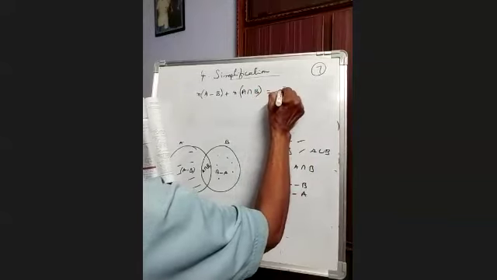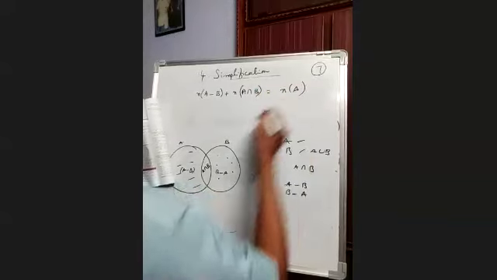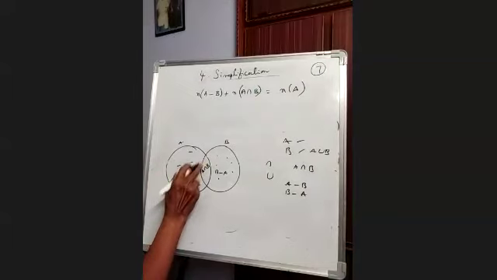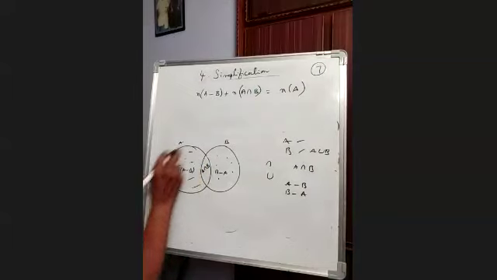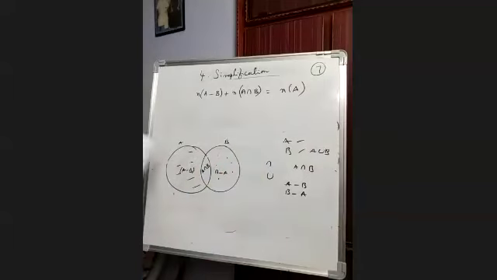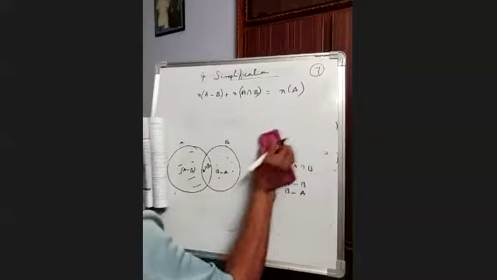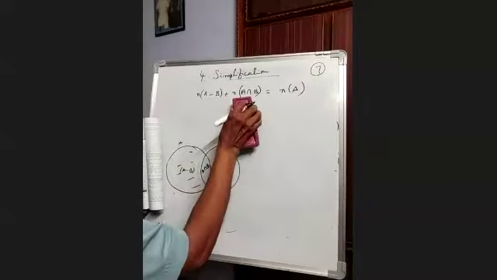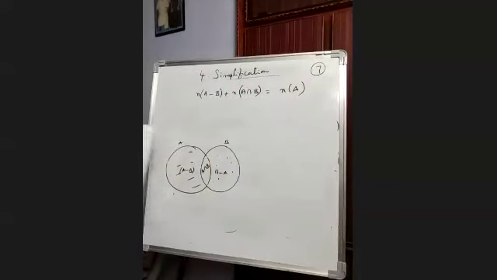Elements of A minus B and A intersection B, both put together, give elements of A. By picture, you can understand. A minus B is the dashes portion. A intersection B is this portion. Both put together give elements of A only. So n(A minus B) plus n(A intersection B) gives n(A).